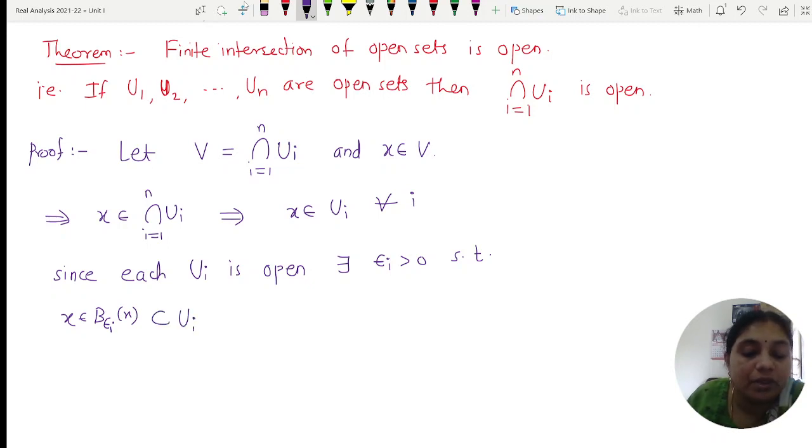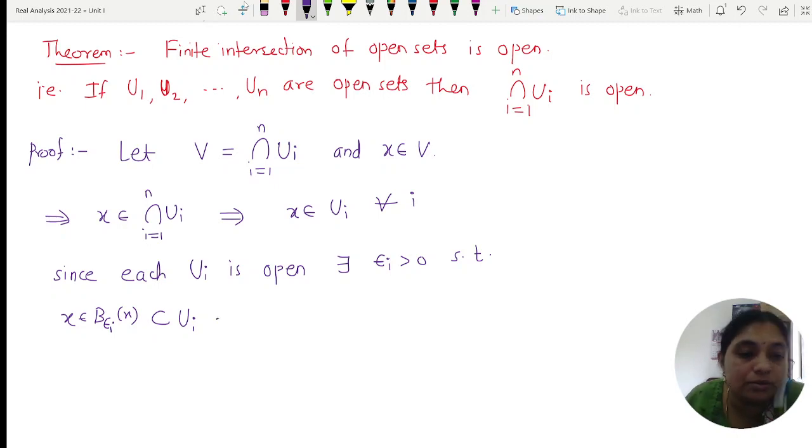For every Ui there will be one epsilon i for which that x is contained in the open ball, totally contained in that Ui.